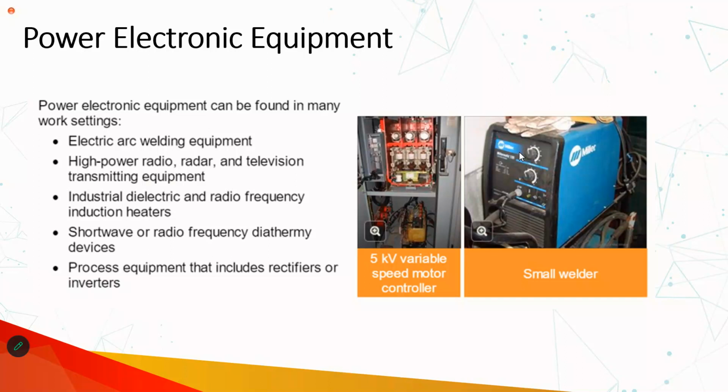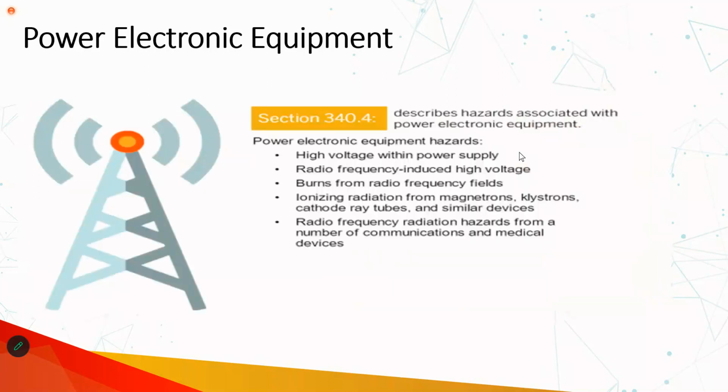Power electronic equipment can be found in many work settings, electric arc heating and other areas. Those are also considered special equipment, because there are different types of hazards associated with the utilization of power electronic equipment.